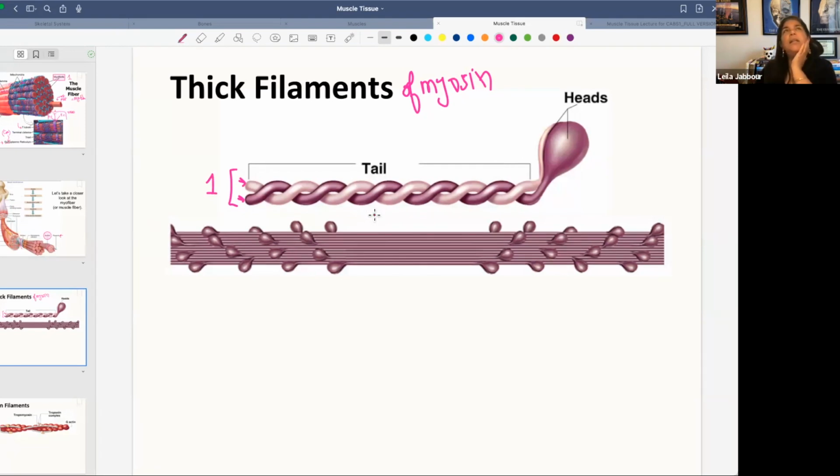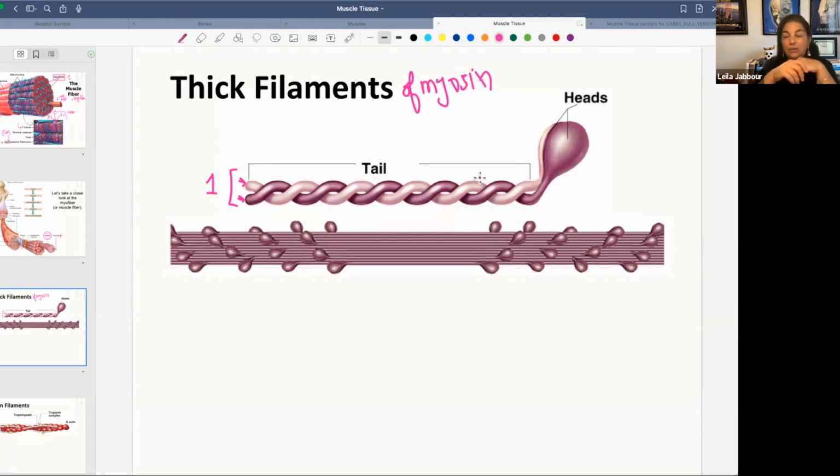It's kind of like hemoglobin, which is made of four globular polypeptides that come together to create this macromolecule. Here, these are filamentous polypeptides, or we can say fibrous polypeptides, because they're long.